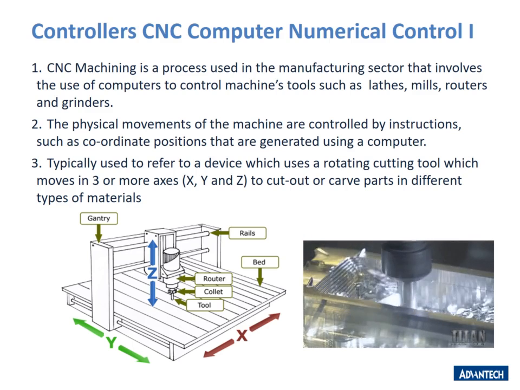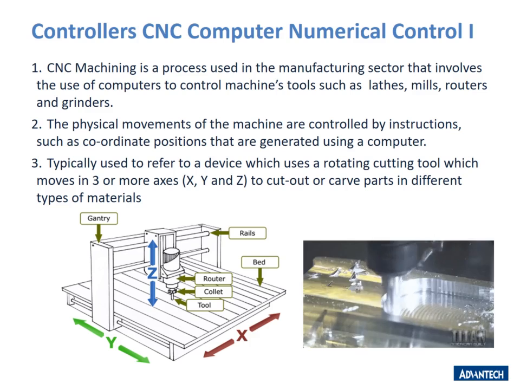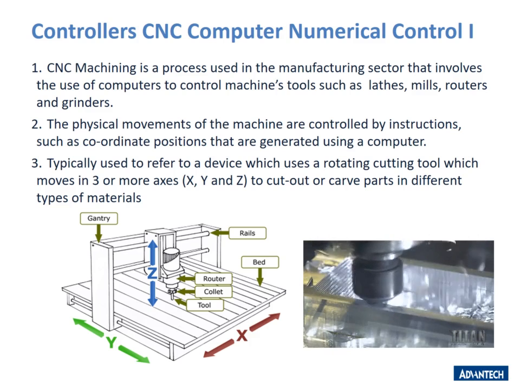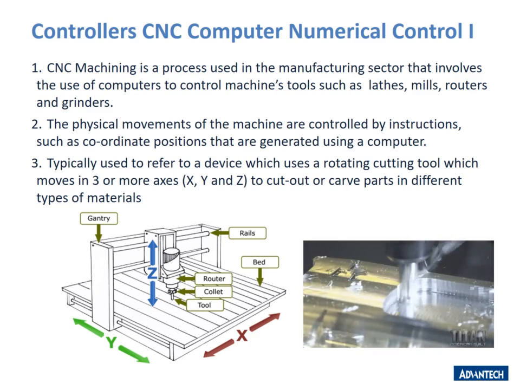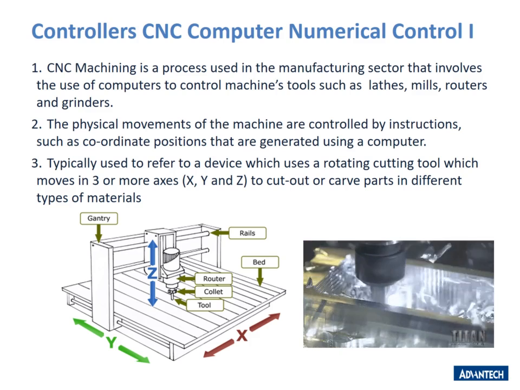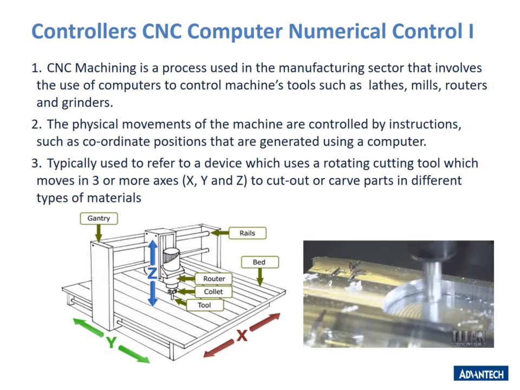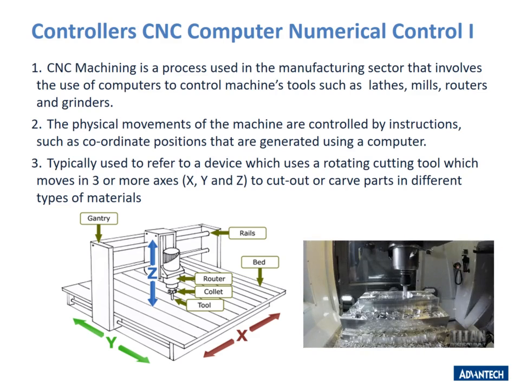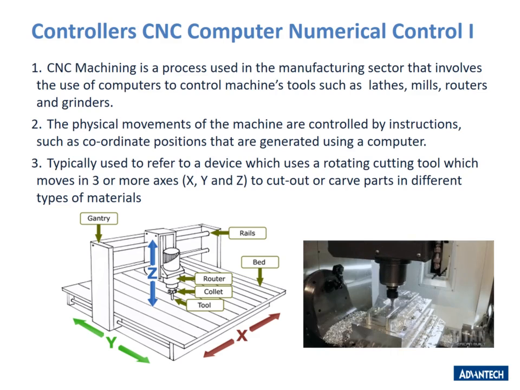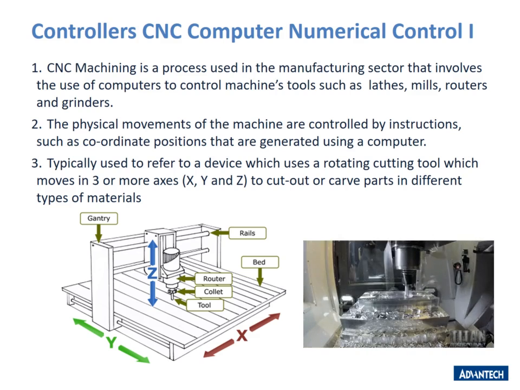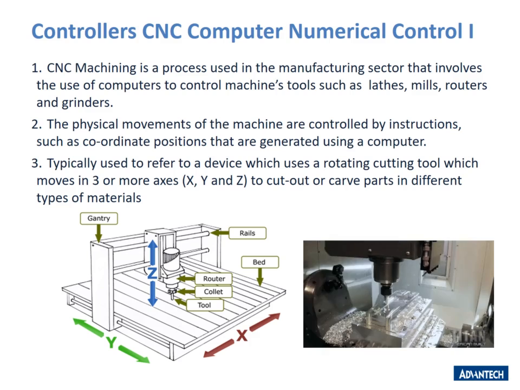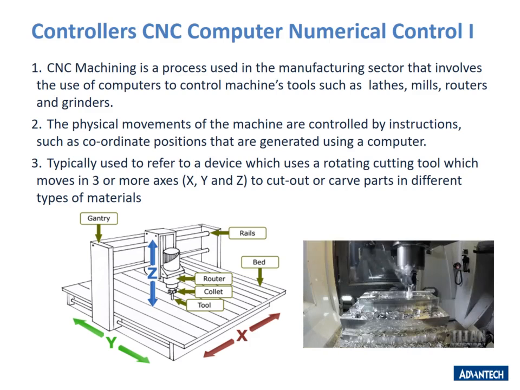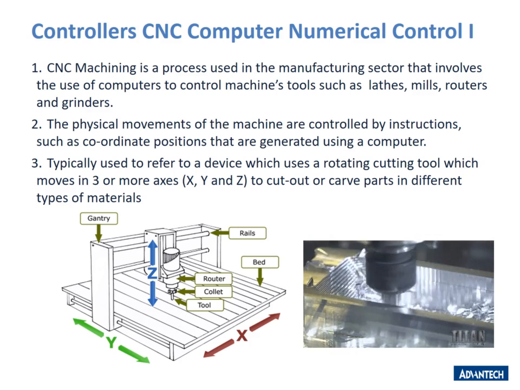The physical movements of the machine are controlled by instructions, such as coordinate positions that are generated using a computer. CNC is typically used to refer to a device which uses a rotating cutting tool which moves in 3 or more axes, X, Y, and Z, to cut out or carve parts in different types of materials.